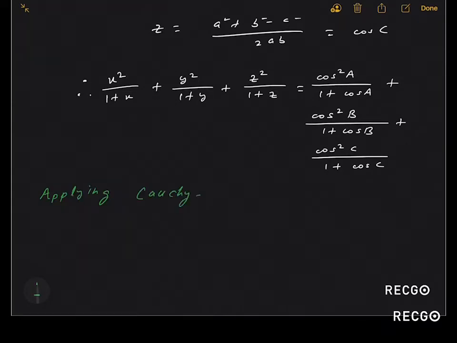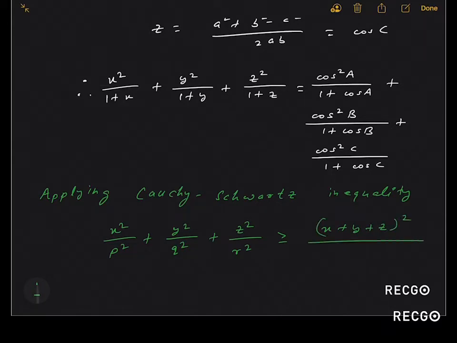Let us see. There is a famous inequality like the arithmetic geometric inequality, and that is called the Cauchy-Schwarz inequality. This is one of the very famous and very useful inequalities being used these days in advanced problem solving. You should note it down: the inequality is x²/p² plus y²/q² plus z²/r² is greater than or equal to (x + y + z)² divided by (p² + q² + r²).